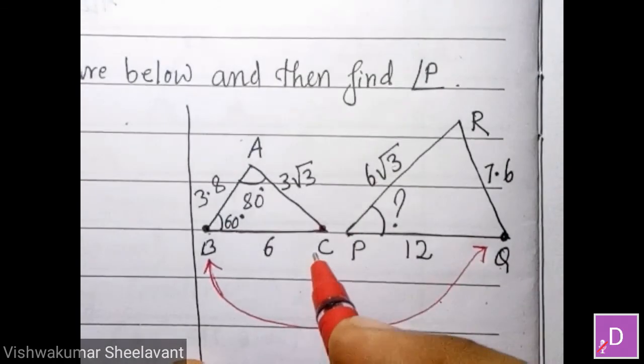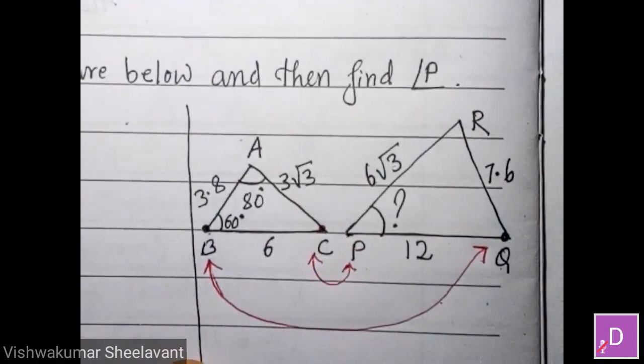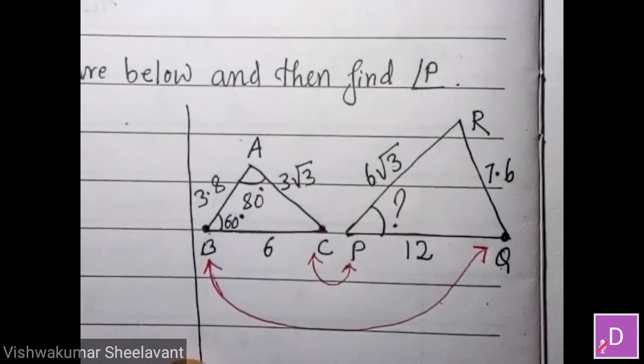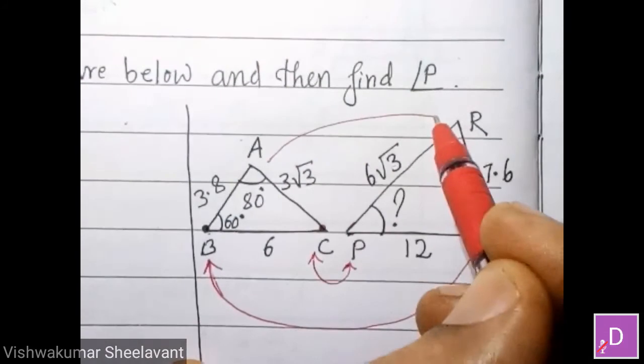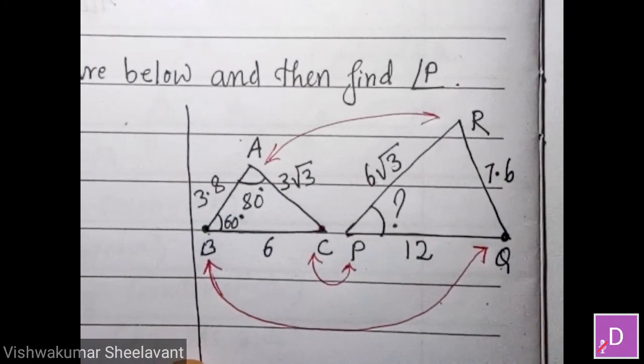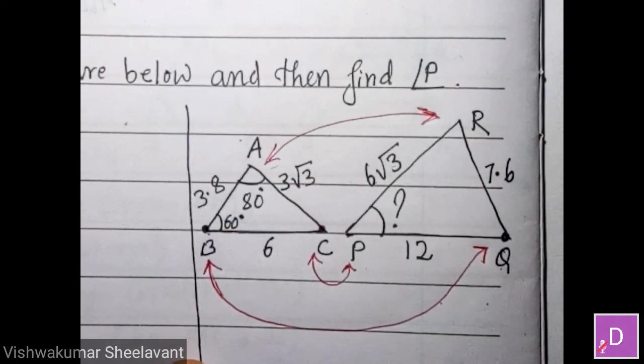So now C corresponds to P. Definitely remaining two vertices must be corresponding. That is, A should correspond to R. So we got all the corresponding vertices now. Very simple now.